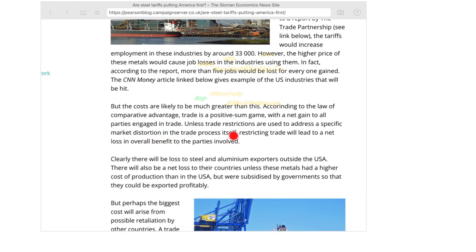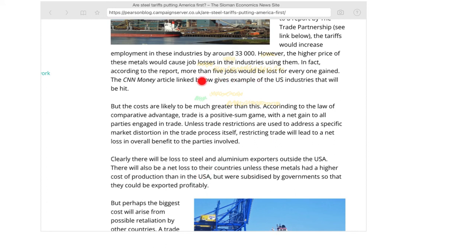But unless it's used for that, restricting trade will lead to a net loss in overall benefits to the parties involved. Clearly, there's a loss to steel and aluminium exporters outside the US, that's the Chinese, but there will also be a net loss to their countries unless these metals had a higher cost of production in the US but were subsidized by government.